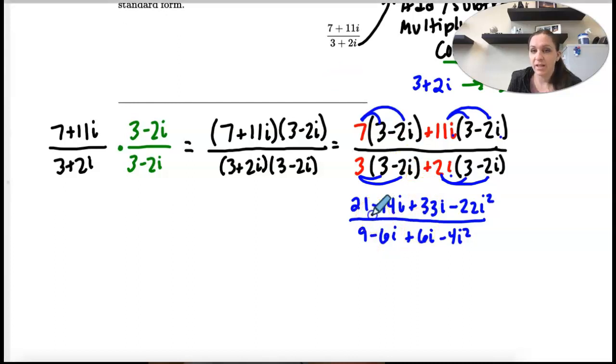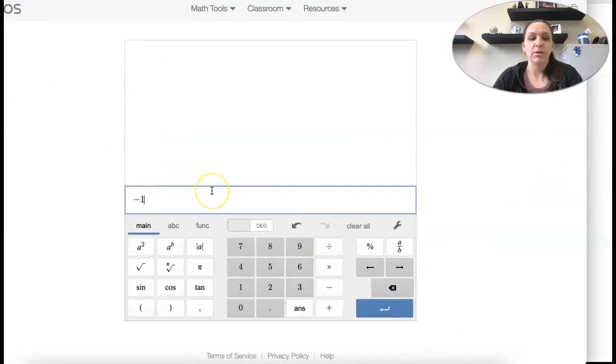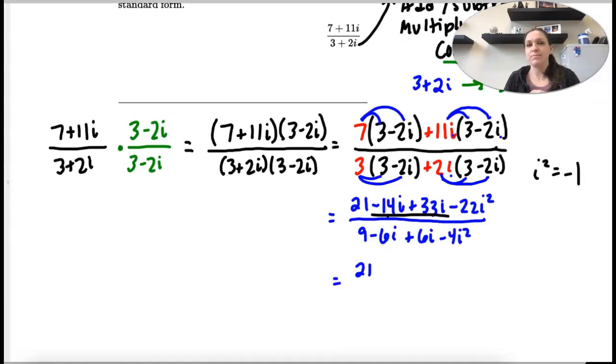Now we have a lot to do. We have like terms right here in the middle. Then we need to replace all of our i squareds with negative 1. So I'm going to keep the 21 here on the numerator, and then I'm going to combine my like terms in the middle. Negative 14 plus 33. I don't know what that is off the top of my head. 19. Positive 19.